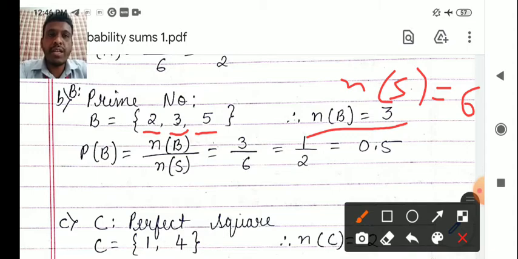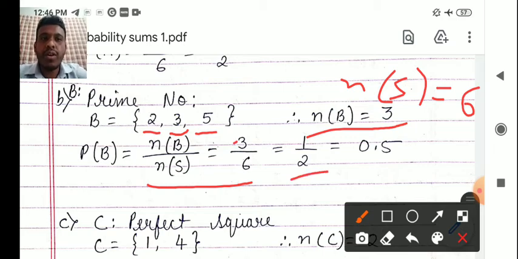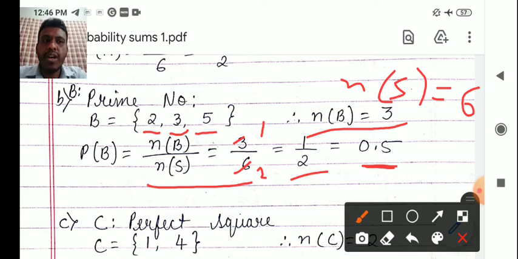Number of items in set B. So what is probability of B? Probability of B is equals to n of B upon n of S, which is equals to 3 upon 6, which is equals to 1 upon 2, 3 ones are 3 and 3 twos are 6. So it is 1 upon 2, it is equal to 0.5. Let's move to the next sub problem.